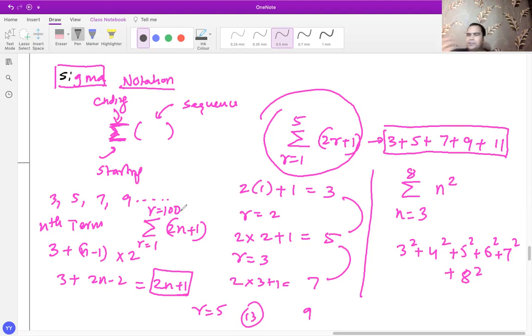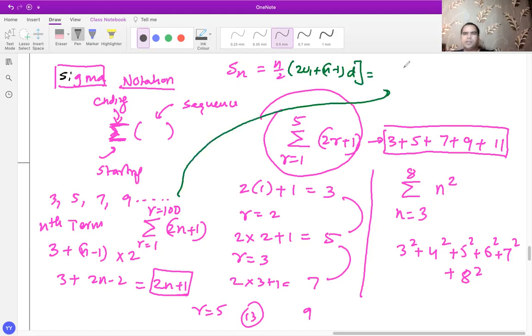Of course, sometimes they'll say to evaluate this. In that case, you already have the formula. The sum of an arithmetic series formula is S_n equals n over 2 times 2u1 plus n minus 1 times the difference. To evaluate this, I write 100 over 2, then 2 times u1, which is 3, plus n minus 1, which is 99, times the difference, which is 2.